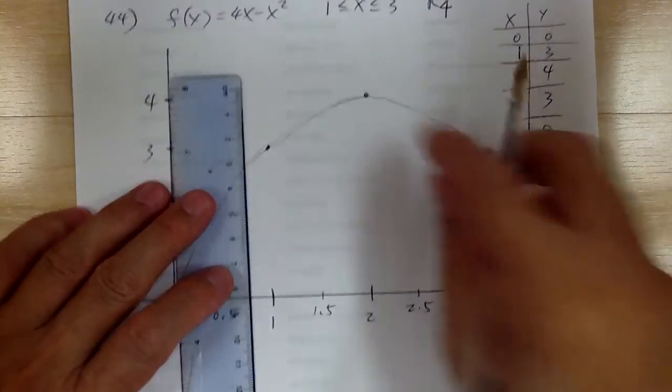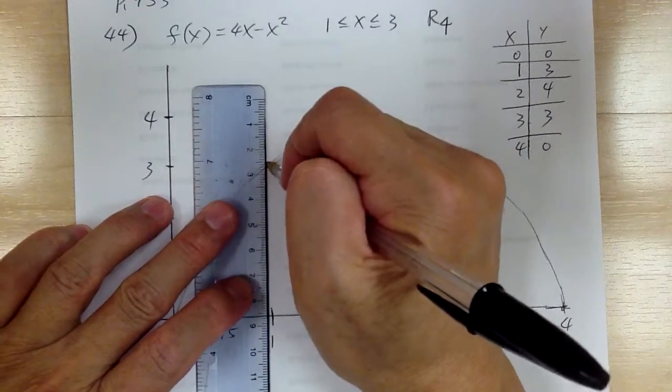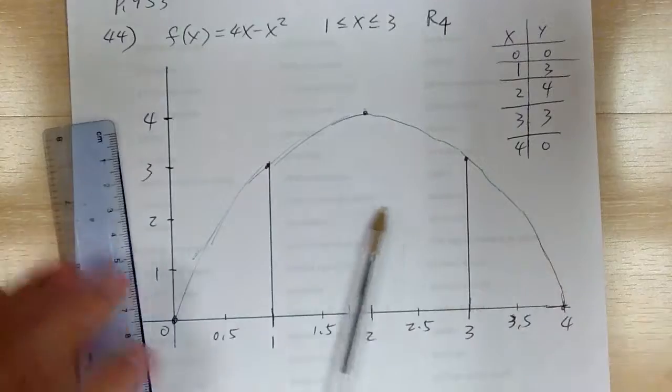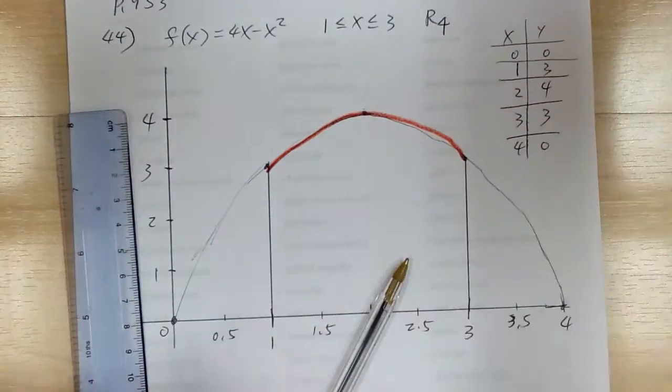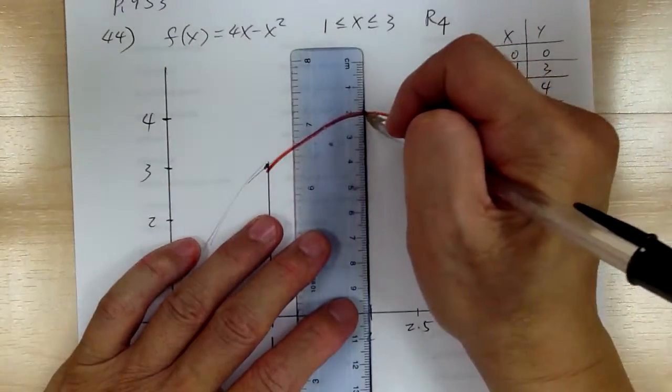But you only want to go from 1 to 3. So you're only interested in this right over here, from here to here. So again, I want you to divide into 4 strips.